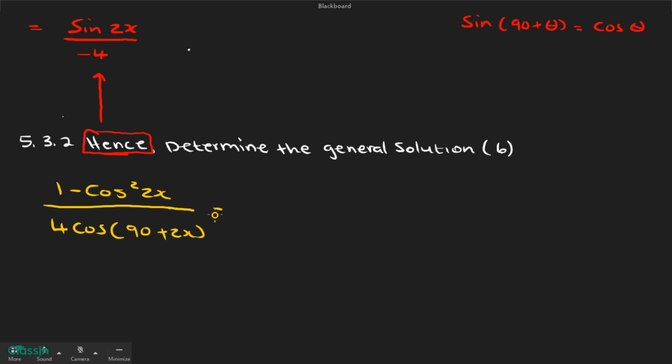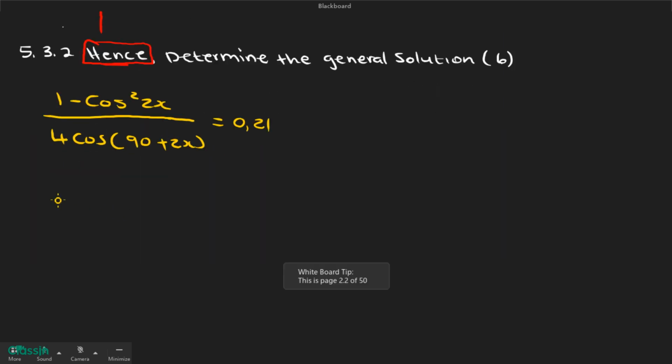Because they used the term hence, we are no longer going back to solve this. We just say negative sine 2x over 4 is equal to 0.21.